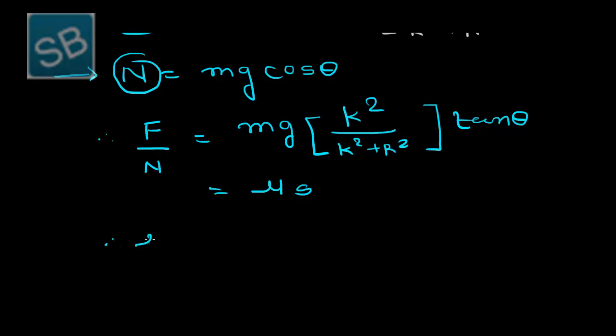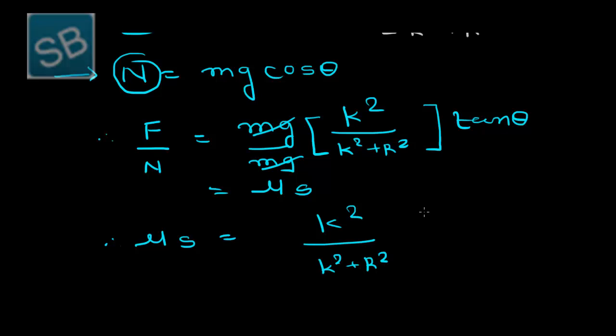And so the value of mu s is k square over k square plus r square into tan theta, because the mg will be cancelled out. So this is the equation, and here the line on the surface of the rolling body, which is at the inclined plane, is stationary, and for that the value of coefficient of static frictional force is used.